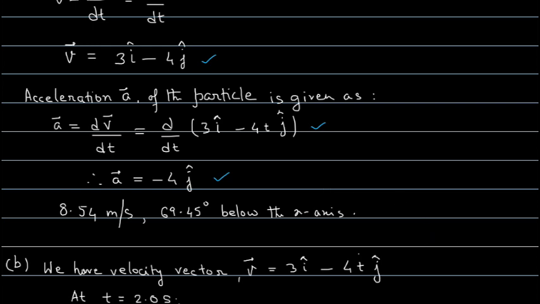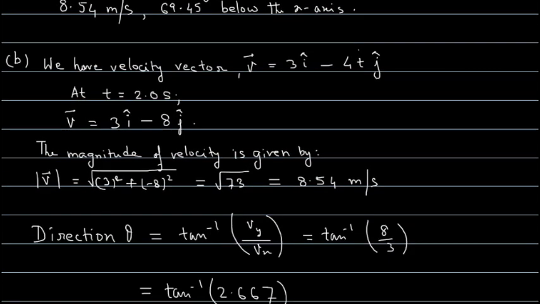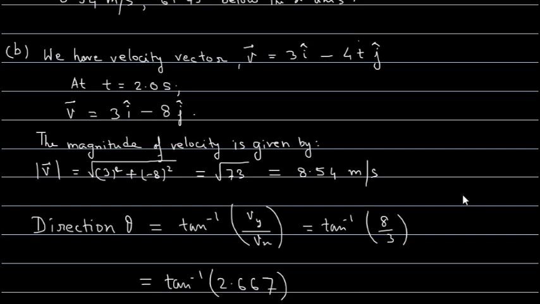Now the B part. We have a velocity vector v is equal to 3i minus 4t j. At t is equal to 2 seconds, v will be converted to 3i minus 8j.